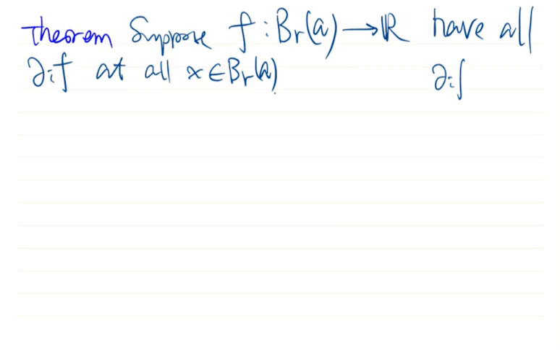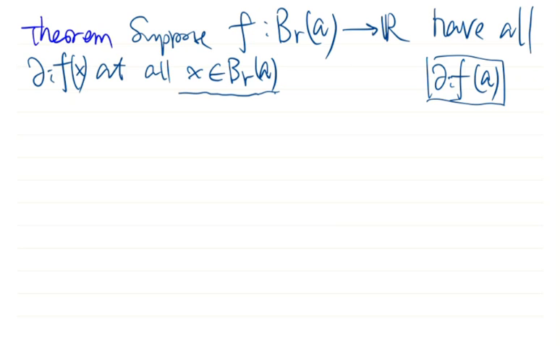The partial derivative of f at the point A can exist or not exist. But here, this condition not only requires that the partial derivative at the point A exists, we also require that the partial derivatives exist at all x. For every x in the neighborhood of A, f has all partial derivatives at x. This is what we required.